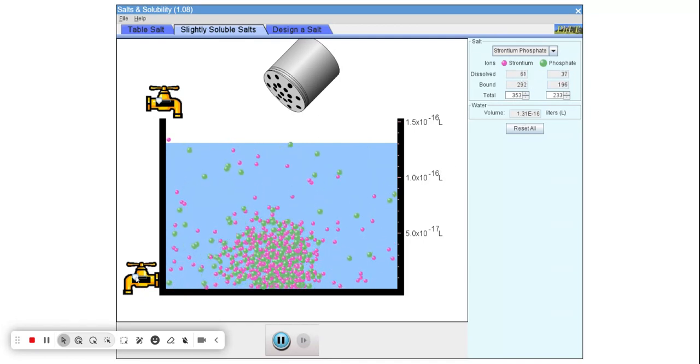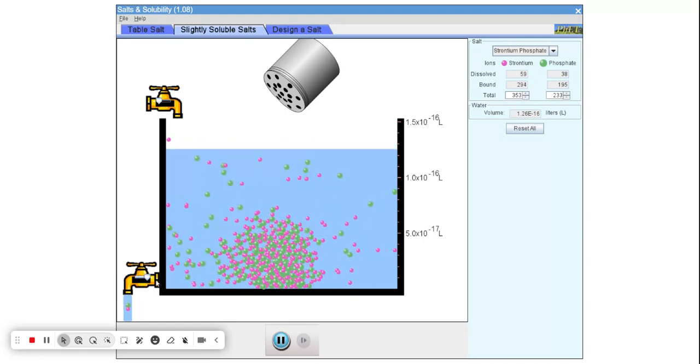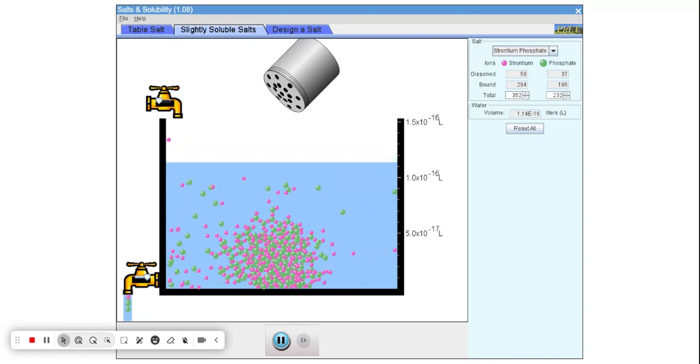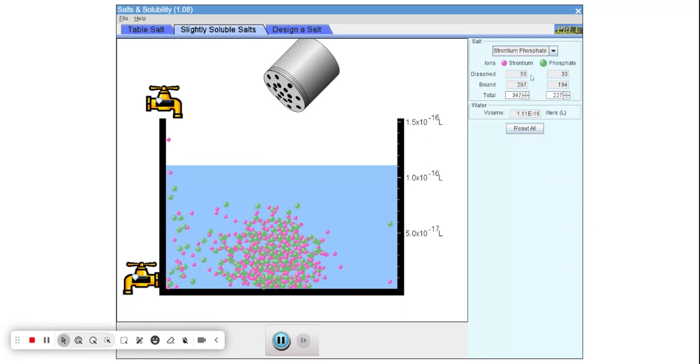If I were to let the water out, less will dissolve. These numbers are going to go down. Okay, now it was at like 68, now it's around like 50. All right?